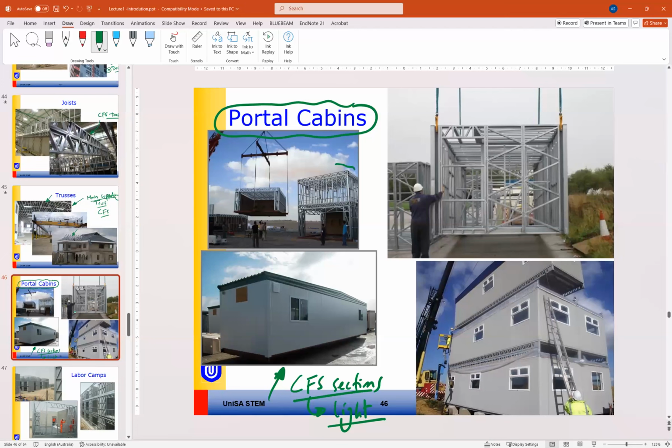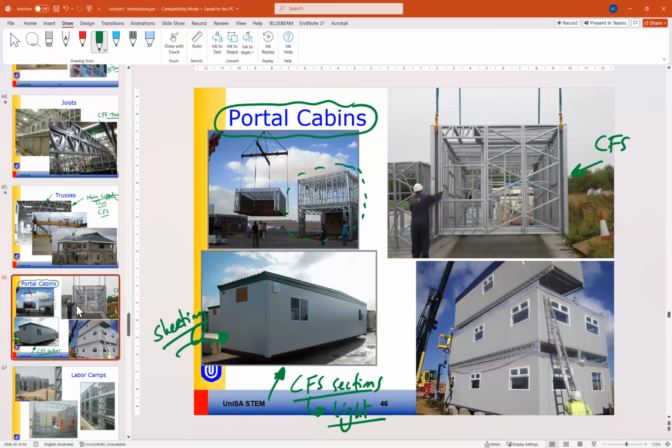And as you can see here before, it is covered by walling or before completing the walling. So it is from cold formed steel, and it is also covered with sheeting or walling sheets to provide the side walls of this cabin.